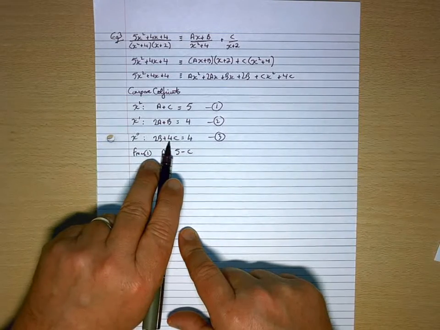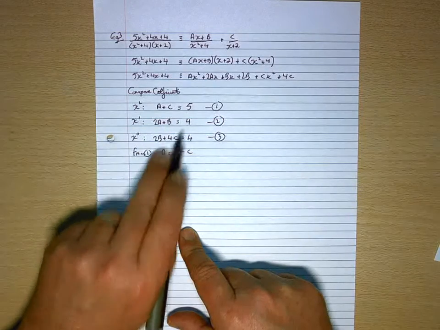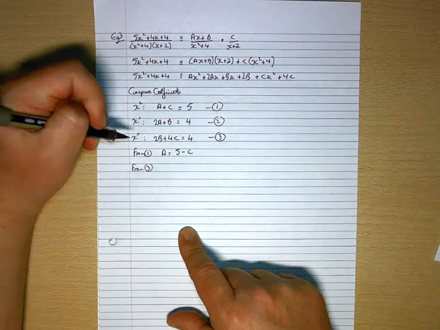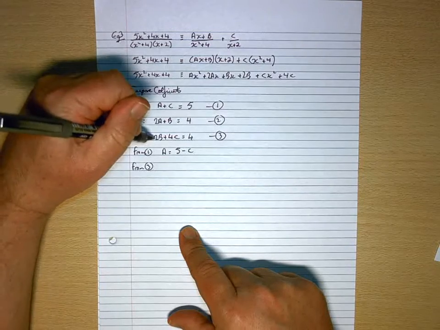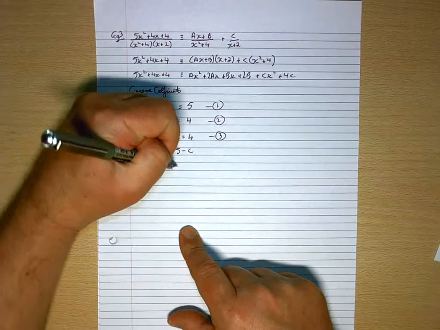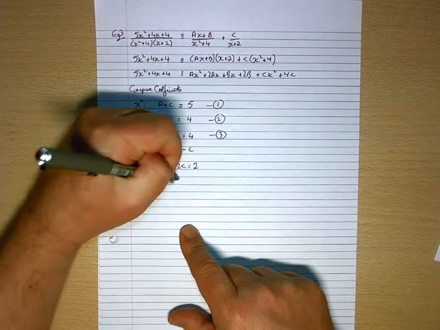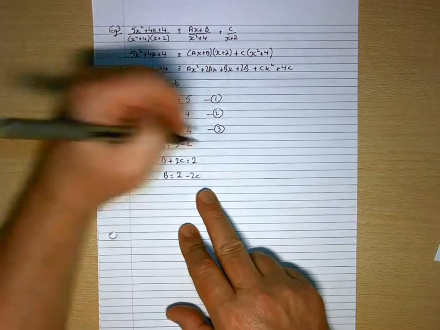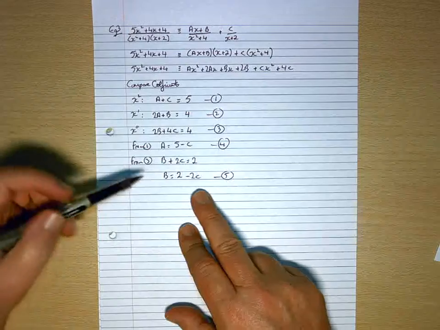From 3 I'm going to get b in terms of c, and then I can write a and b in terms of c in the middle. So from 3, I can divide throughout by 2 and get b plus 2c equals 2. So b is 2 minus 2c. That's equation 4. That's equation 5.